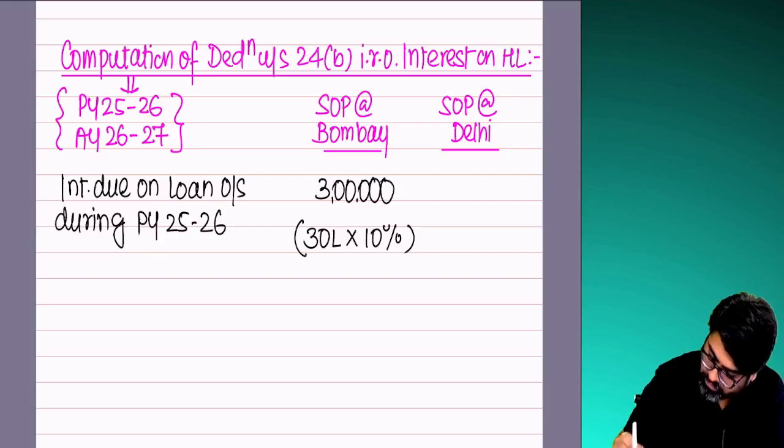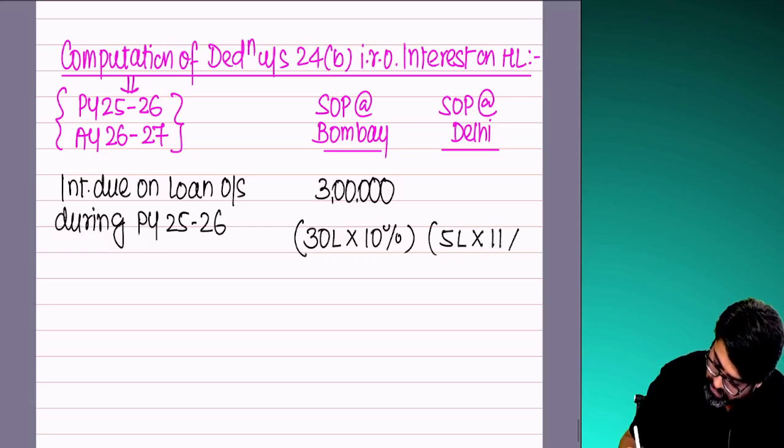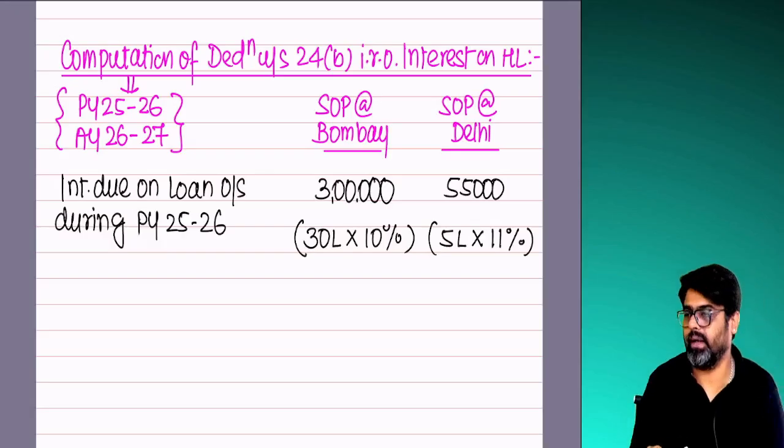How much loan was taken for Delhi property? 5 lakhs. And on that, how much rate is there? 11% is there, no? So this will be 55,000. Hello? Understanding?